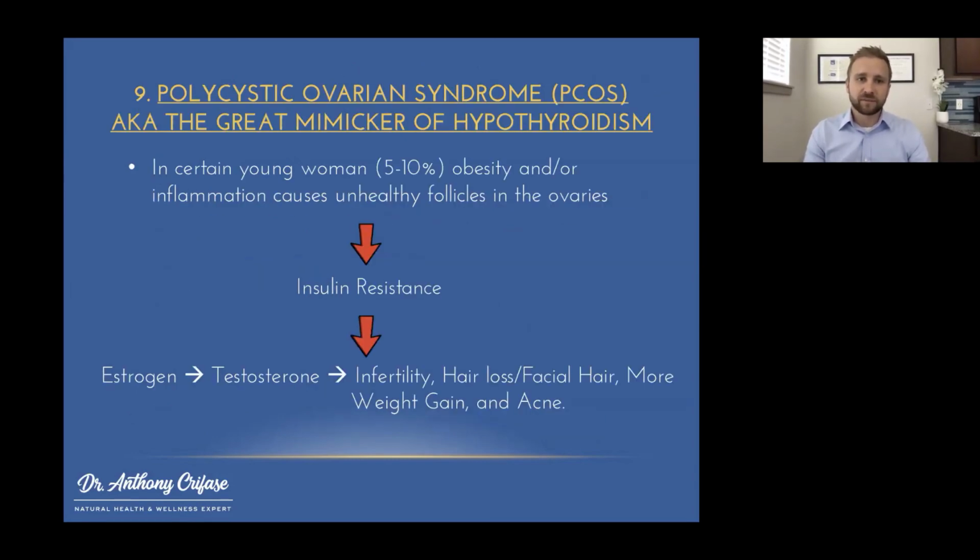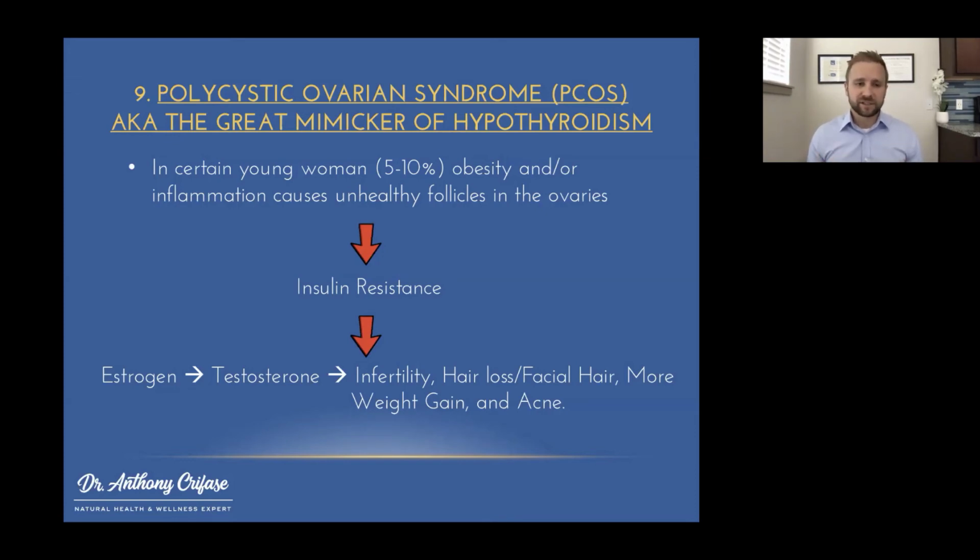Polycystic ovarian syndrome. This is known as the great mimicker of hypothyroidism. We mentioned earlier, up to 10%, if not more nowadays, of young women have polycystic ovarian syndrome. This is related to obesity, high levels of inflammation, and causes unhealthy follicles in the ovaries.